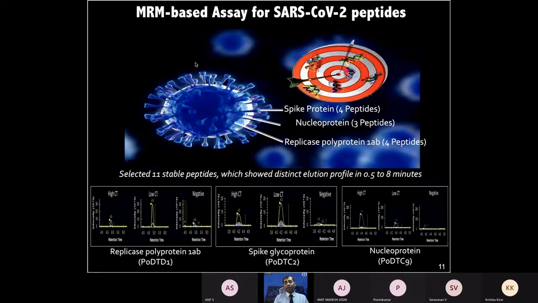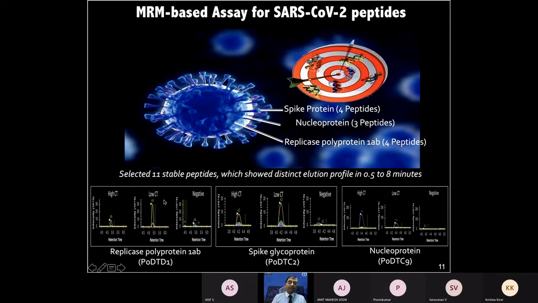While doing that, we were able to detect 4 peptides from the spike protein, 3 peptides from the nucleoprotein, and 4 peptides from the replicase polyprotein 1AB. Based on these 11 peptides, we developed a test which could distinguish whether a patient is COVID negative versus COVID positive.